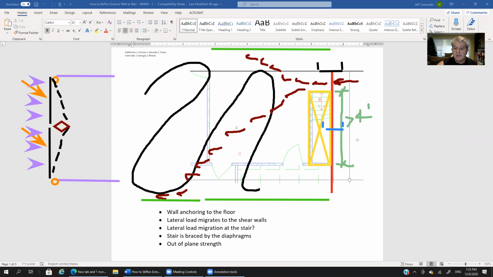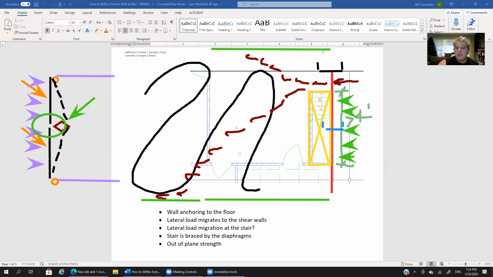Again, the problem is when the wind pressure is hitting our wall and there is no diaphragm to resist that pressure. That's when we need that strong element in place of the diaphragm to anchor that wall so that the wall doesn't blow in or blow out.